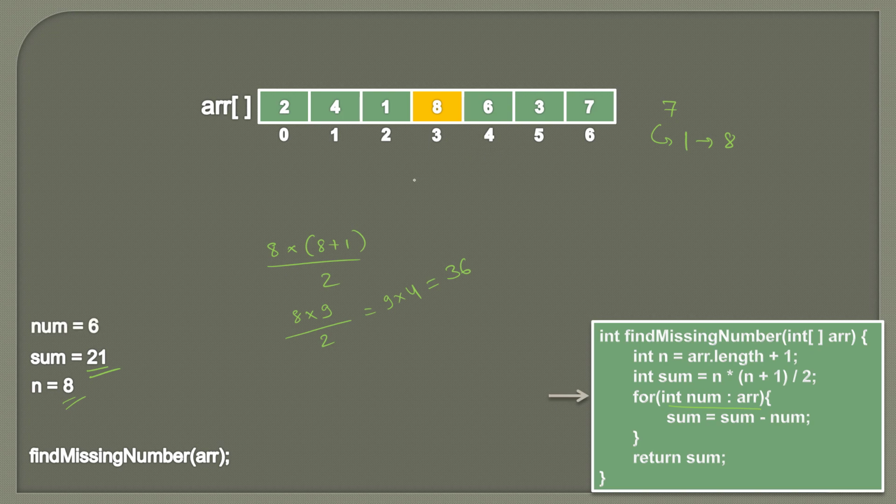We encounter 6. 21 minus 6 will give 15. Now number becomes 3. 15 minus 3 gives 12. And at the last number becomes 7. So 12 minus 7 will give 5.